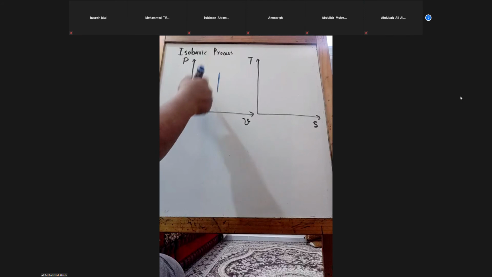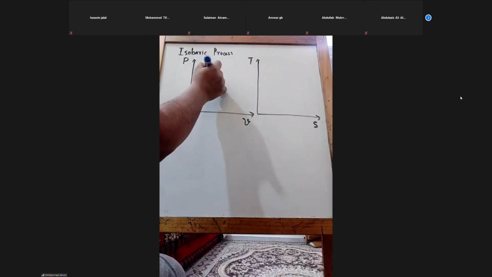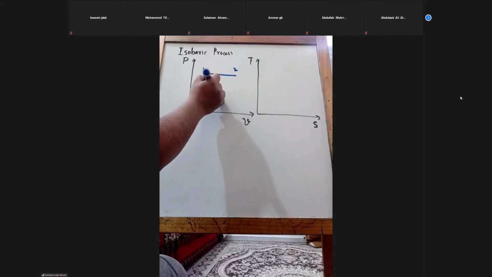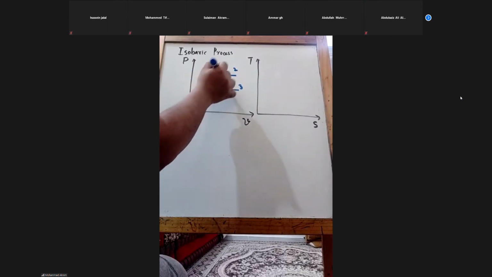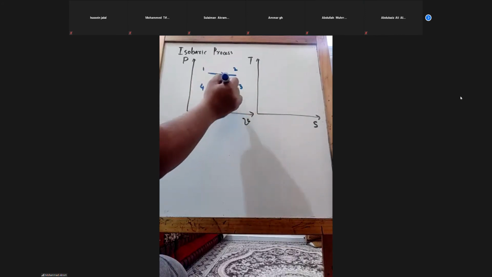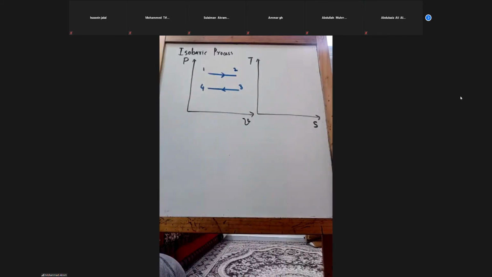So it should be a horizontal line. Say 1 to 2 and 3 to 4. What is happening in 1 to 2 and 3 to 4? Both are constant pressure, right? Say they are equal as well.